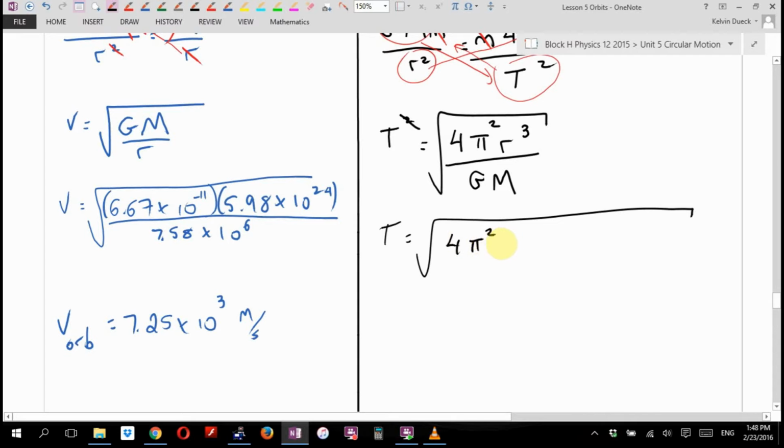4 pi squared times 7.58 times 10 to the 6th cubed. Again, I strongly encourage you, practice typing these in on your calculator.